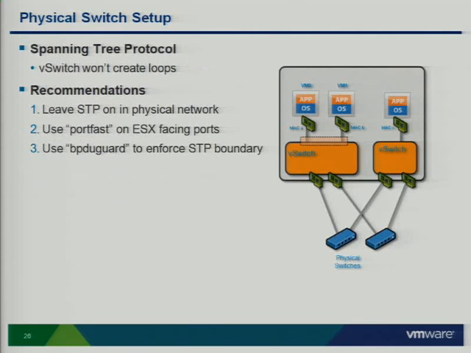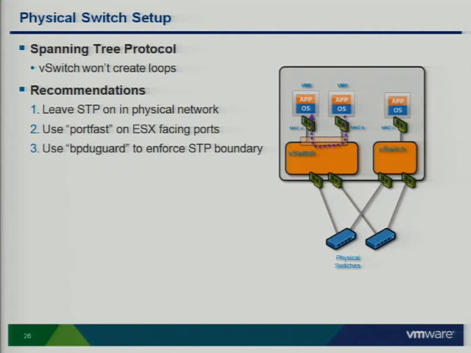The first point I want to touch on is the physical switch setup. The key point is that you don't need to worry about spanning tree protocol. The reason is that the virtual switch never forwards traffic from one pNIC back out another. Basically, adding the vSwitch is never going to add new loops.